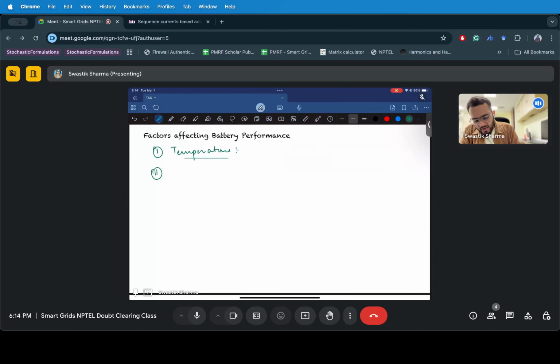Then you have higher DOD or SOC even. If you have a high DOD, your battery's performance will vary, right? If the depth of discharge is more, the volume that it has to charge will also be more, and it indirectly increases the temperature of the battery as well.